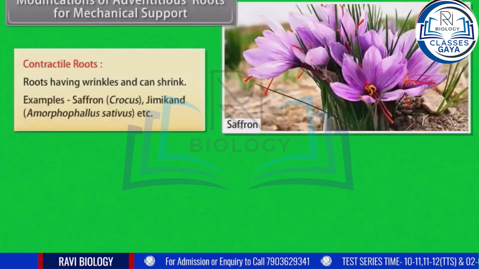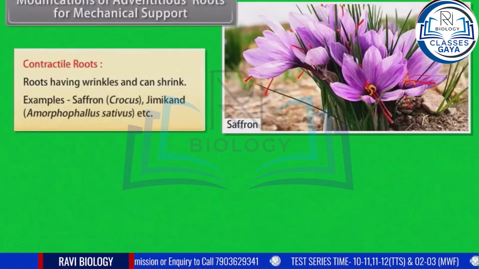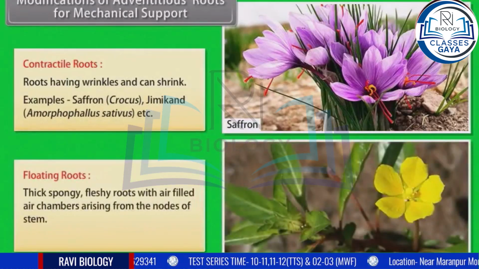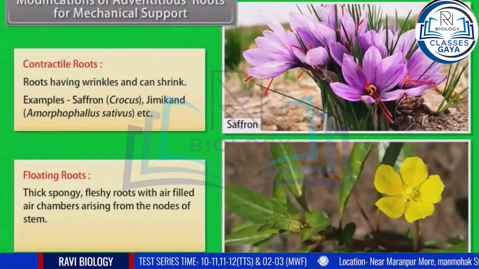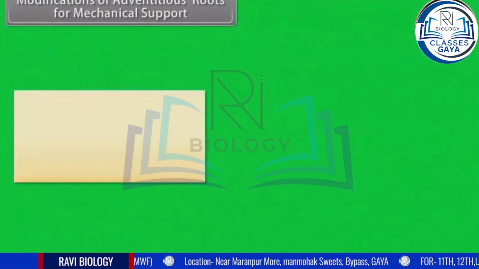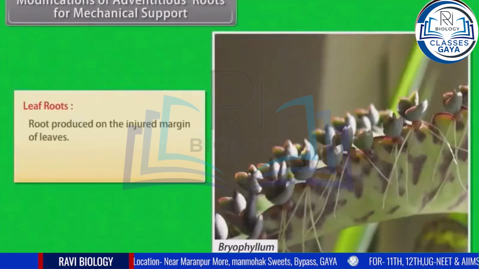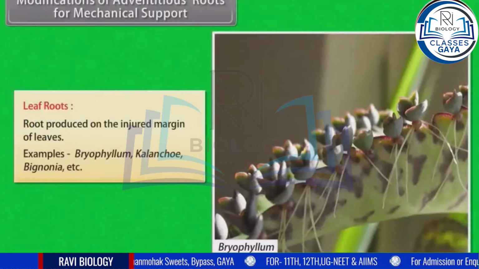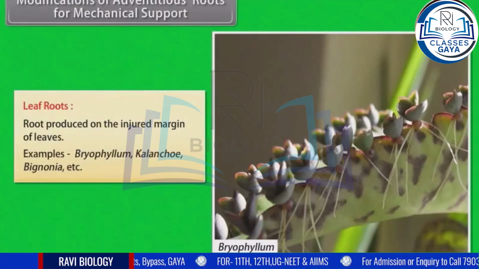Examples, saffron, jimsonweed, etc. Floating roots: thick, spongy, fleshy roots with air-filled chambers arising from the nodes of stem. Example, Jussiaea repens. Leaf roots: roots produced on the injured margin of leaves. Examples, Bryophyllum, Bignonia, etc.